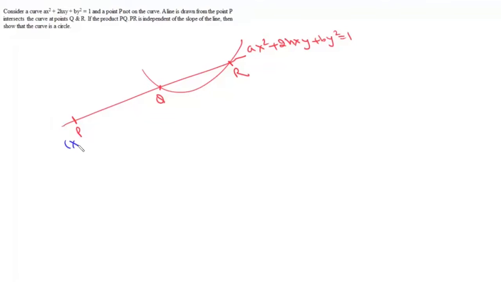So let this point be x1, y1, and let the angle this line makes with the positive x-axis be theta. So any general point on this line, we can write this as x minus x1 upon cos theta equals y minus y1 upon sin theta, and it is equal to r, where r is the distance from this point.